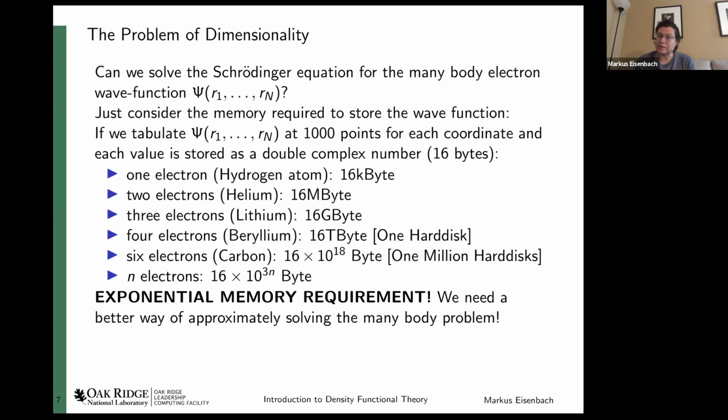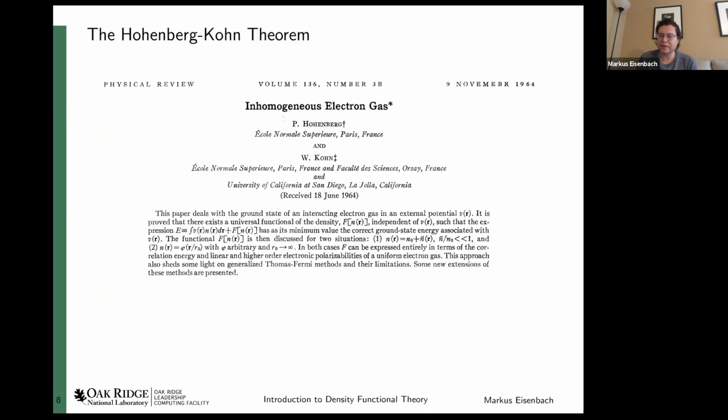There are different ways of how to tackle this, how to cut down the space that needs to be sampled, like quantum Monte Carlo methods, or various quantum chemistry methods.